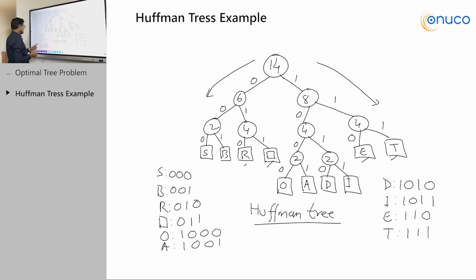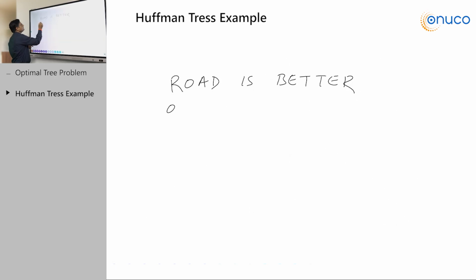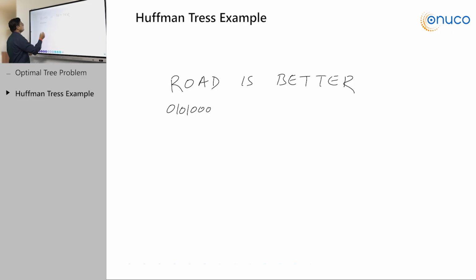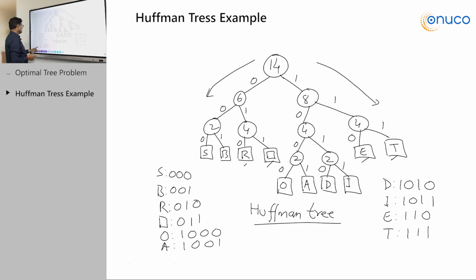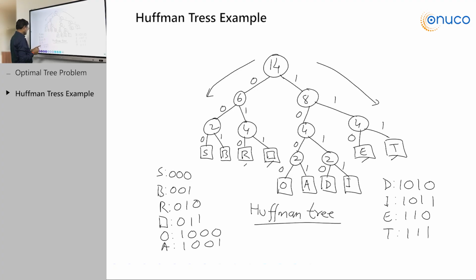R is 010, O is 1000, A is 1001, D is 1010. Blank space is 011.